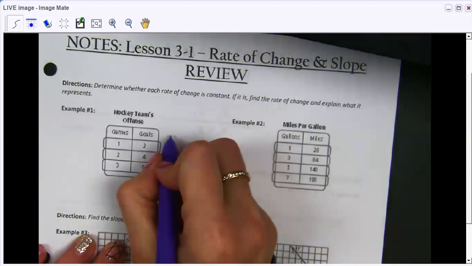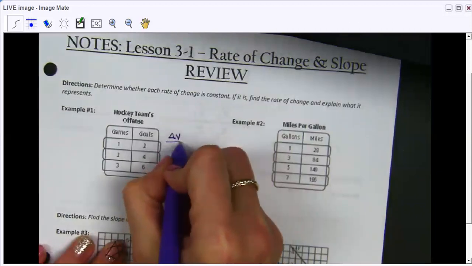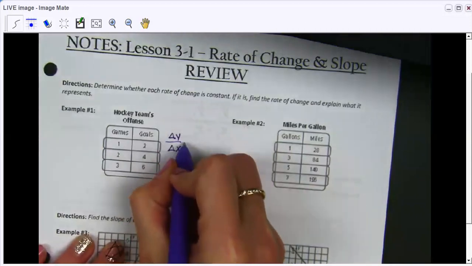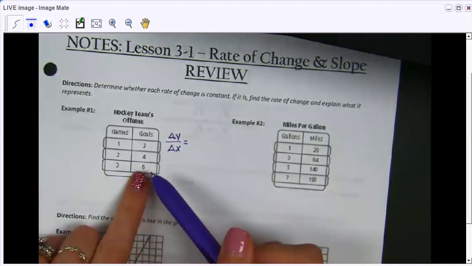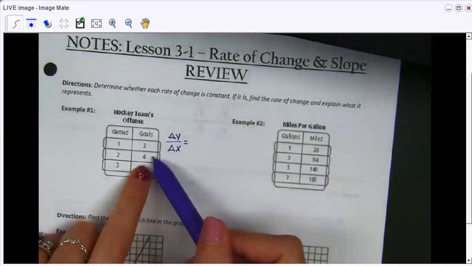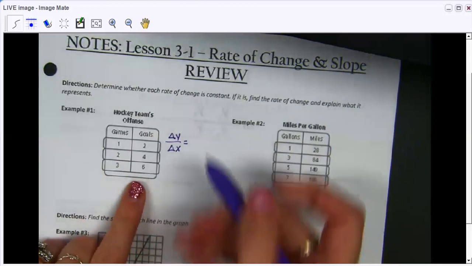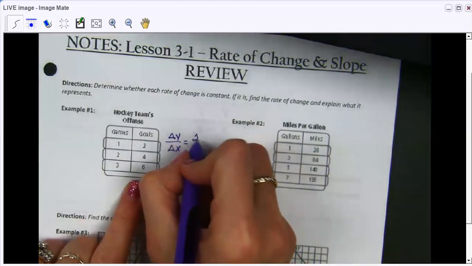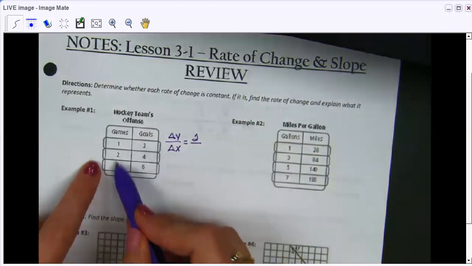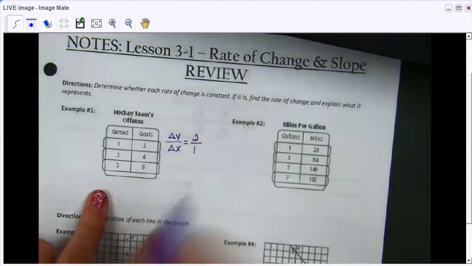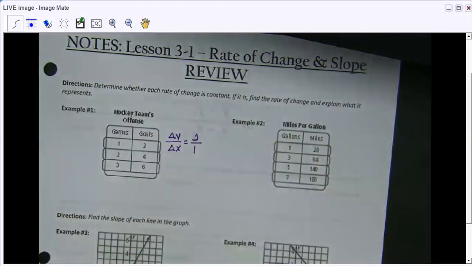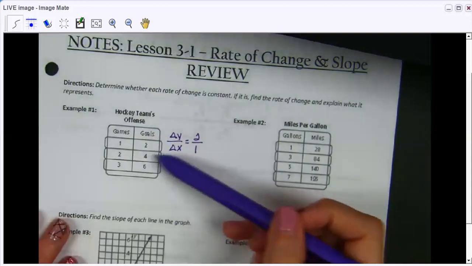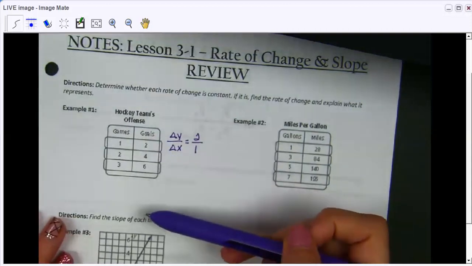Yes, you're going to find the change in y over your change in x. So in this case, our change in y is going up by 2 every time. And our change in x is going up by 1 every time. And that's what makes it a constant rate of change, is that every time it's doing the same thing on both sides.